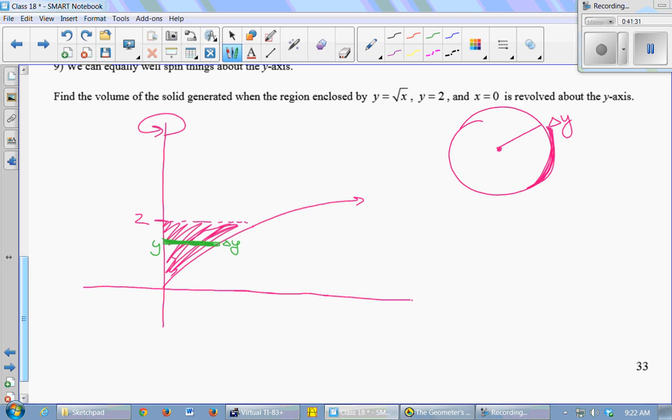So if I pick a random y value and go over to the curve, what's the x value? It's the radius, but what specifically is it? Y squared, right? Because when y is 2, the x value that would give that in the function square root x would be 4. So you take the y value and you square it.